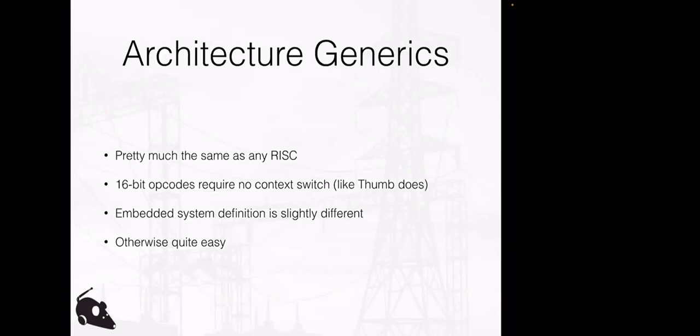So here, like Thumb, we have a 16-bit opcode set. So we have no context switch based 16-bit opcodes. So the embedded systems variant, like ARM's Cortex-M, we have a very clear analog for that in RISC-V, but it's really just the same ISA, whereas in the ARM world, the Cortex-M line is vastly different from Cortex-A and Cortex-R.